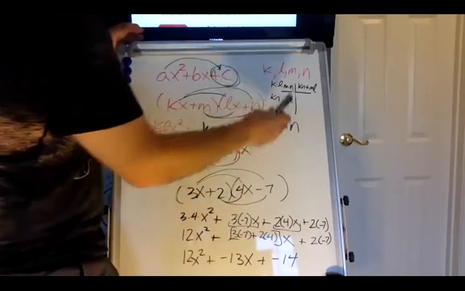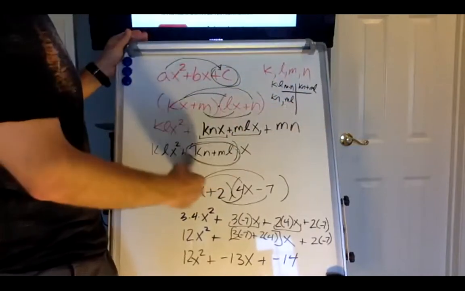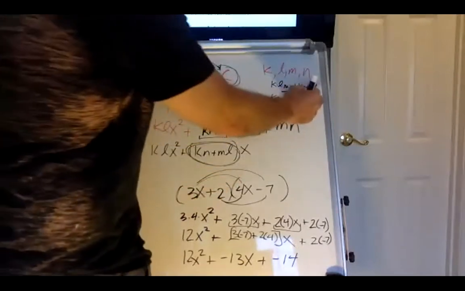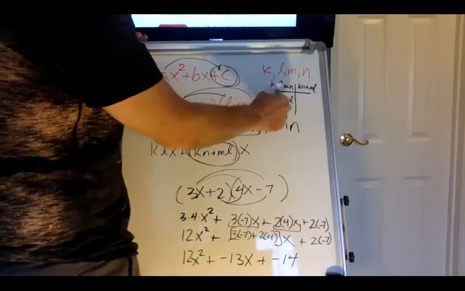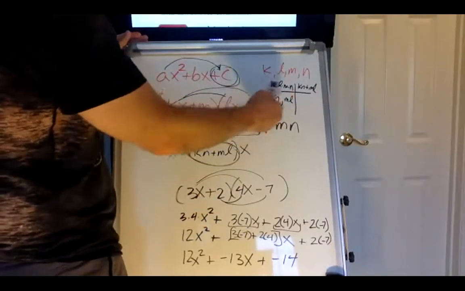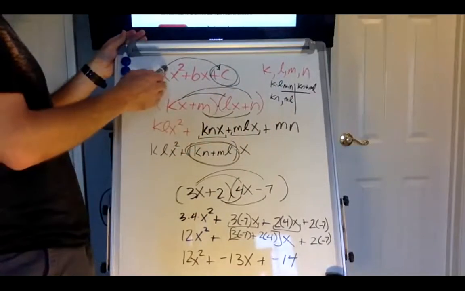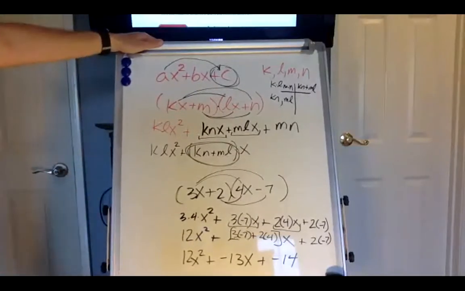So if you're going to find two things, we know we're going to add the middle terms, which are Kn and Ml. In order to do that, you have to have something that multiplies, that is Kn times Ml. So you're going to have a number that's made up of all four factors. And so you're going to multiply the A times the C to ensure that you get all the factors in there. Yes, I see how that would work.